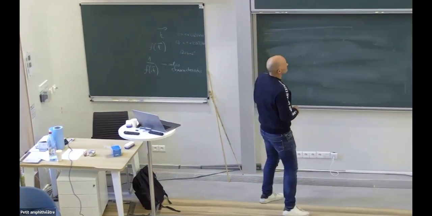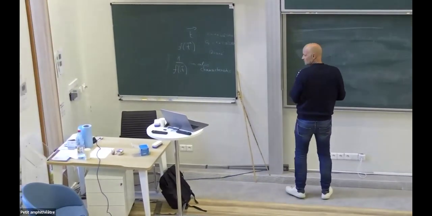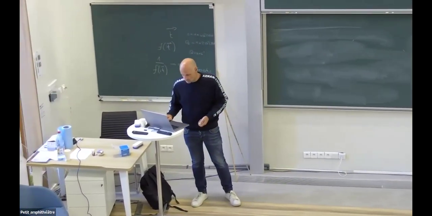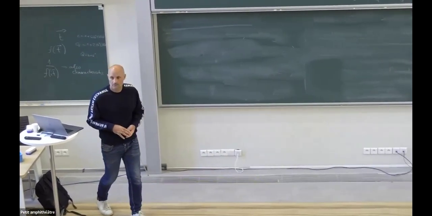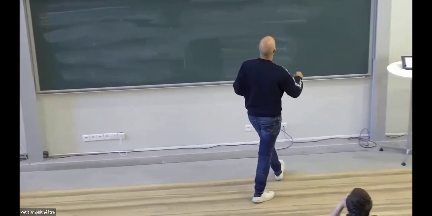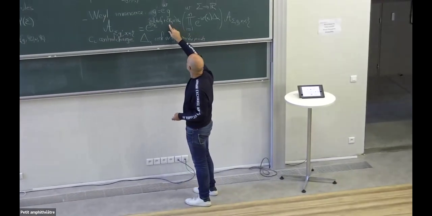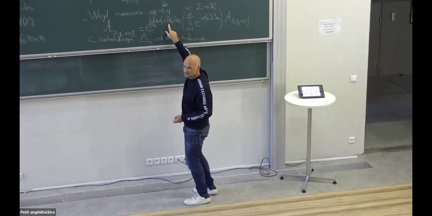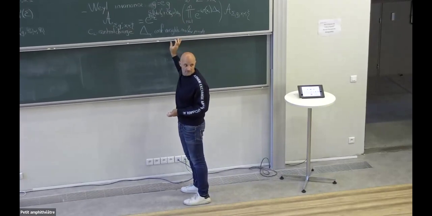What is the variable in the integral in the exponential? You compute this guy here, and you integrate over the surface with the volume form. Other questions?